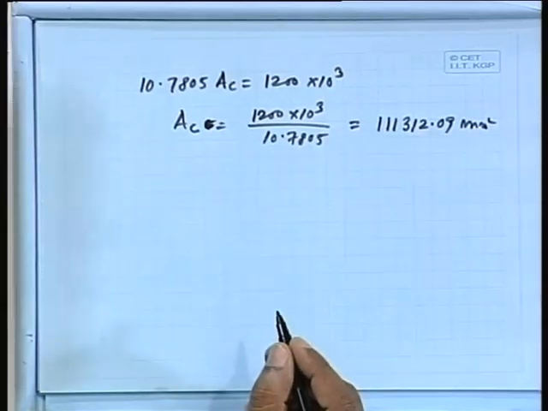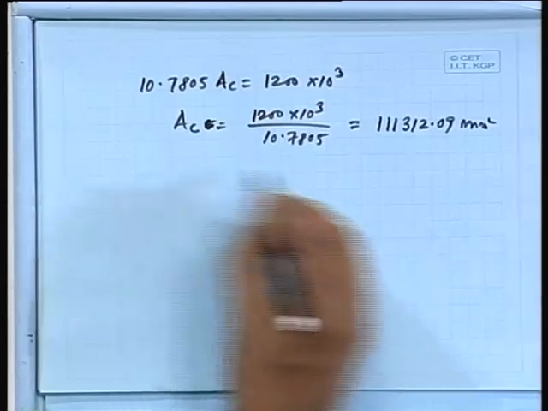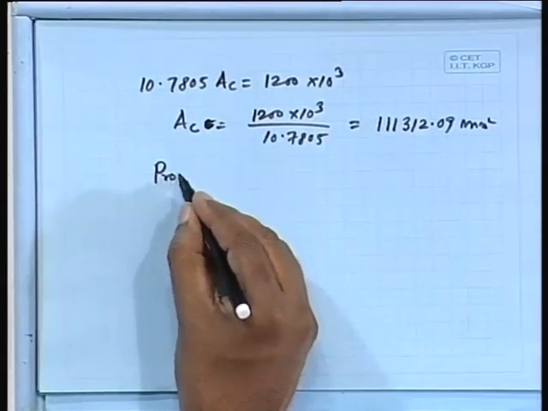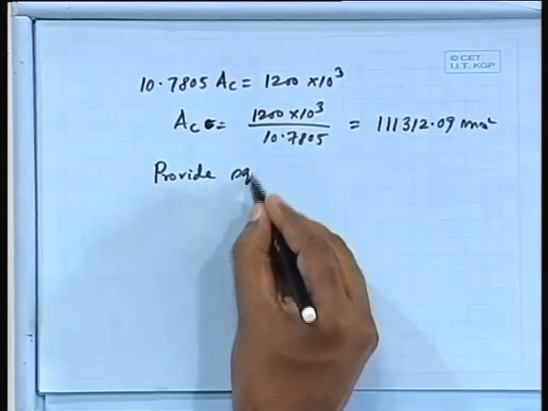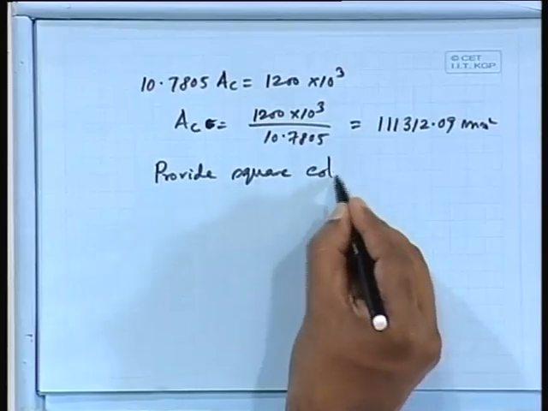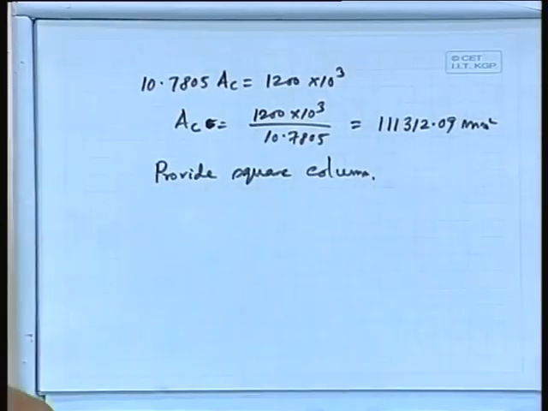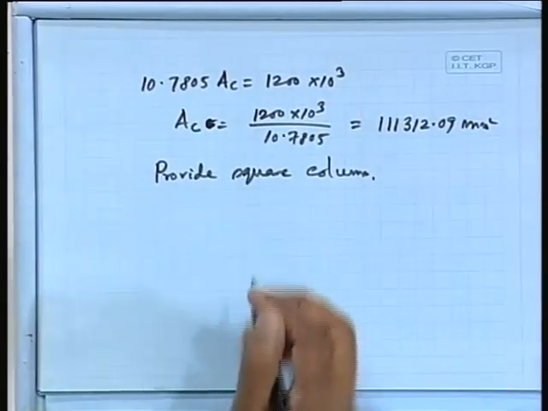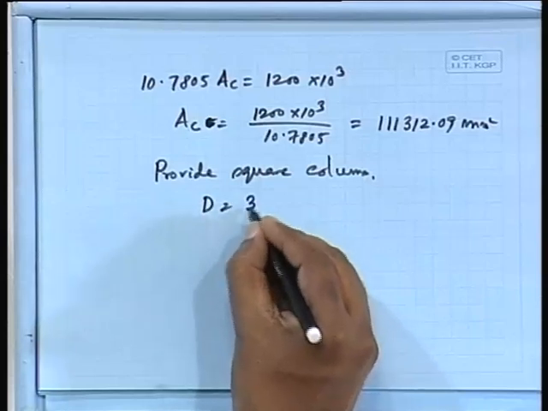If you use say square column, D comes as 333.